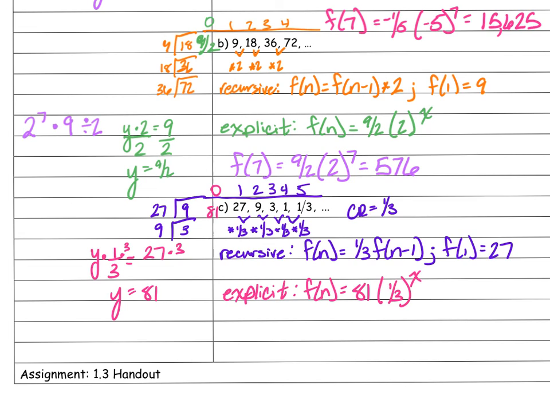Beautiful. And then the last thing I need to find is f of 7. That's going to equal 81 times 1/3 to the 7th power. And how I put that in my calculator is exactly like that: parenthesis 1 divided by 3, to the 7th power, times 81.